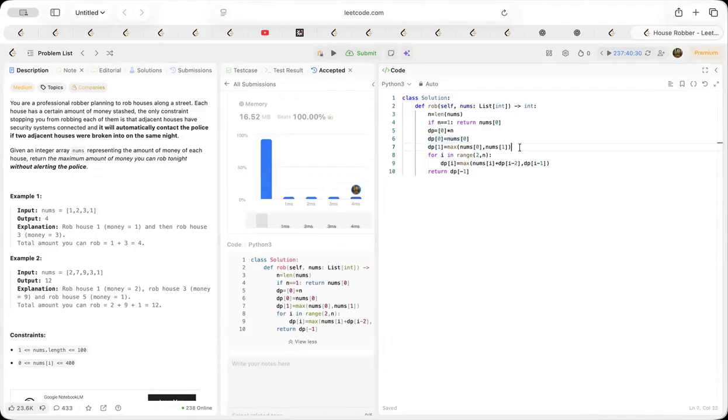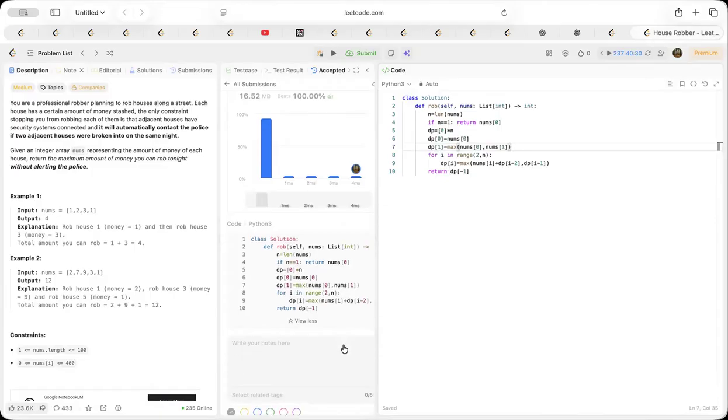Otherwise, we will take the maximum of DP of those two. But for the next one, either you try to rob it or you skip it, and that should be based on your previous values.